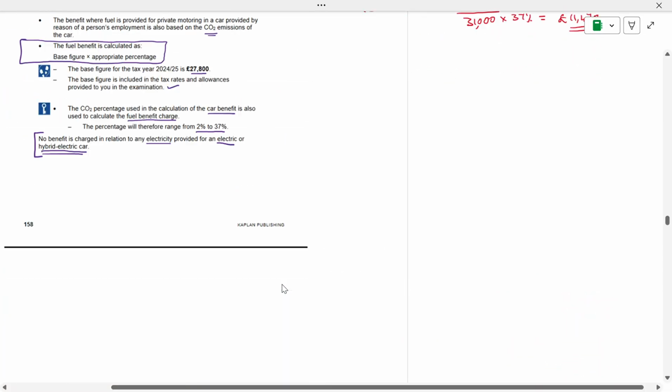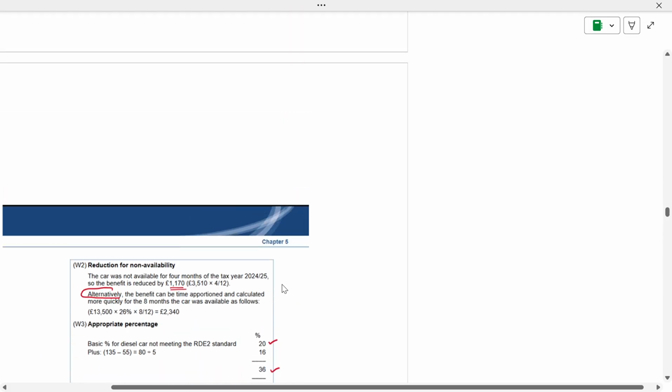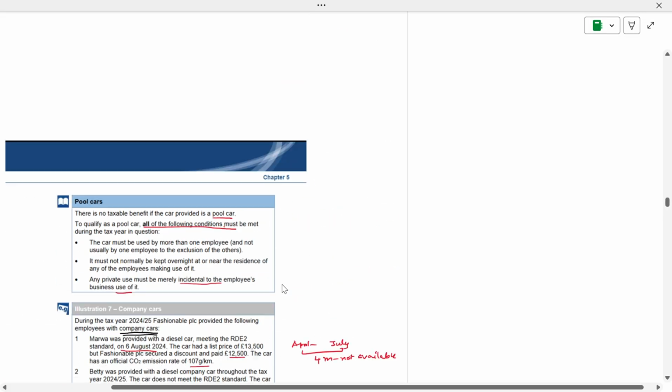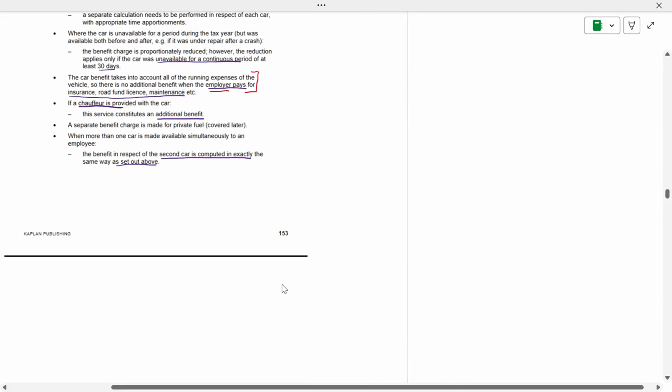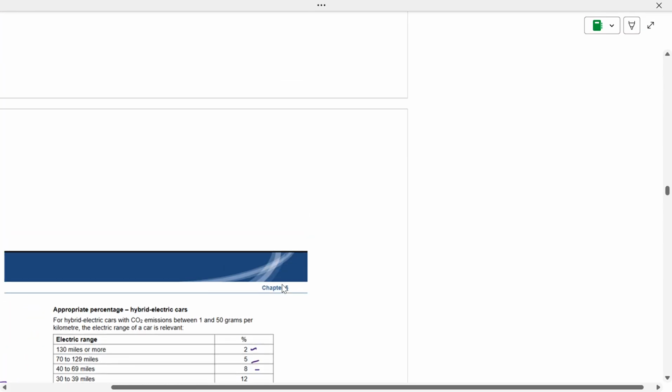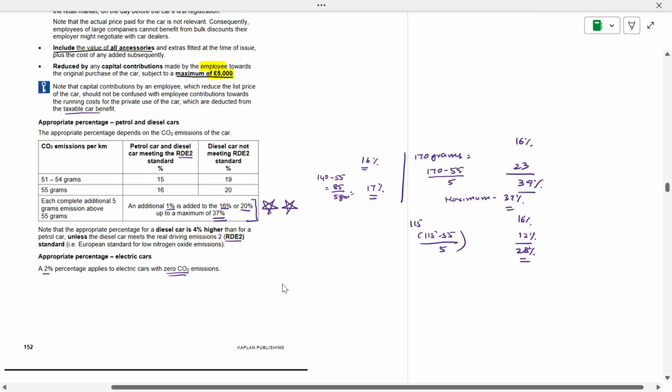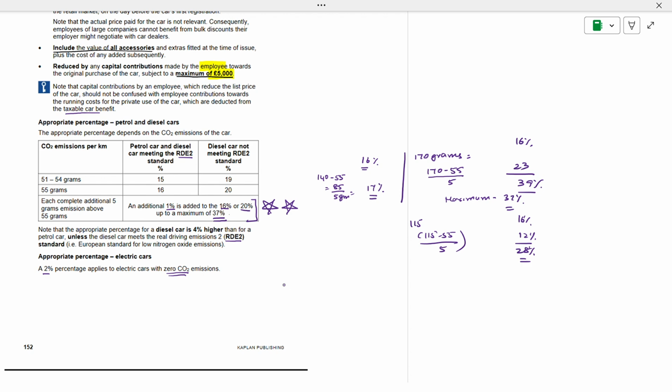Tell me quickly, if you have an idea. Here. It is there. Page number 152. See that. This is the rules, okay? 51 to 54, 15%. Meeting the RDE2 standards.